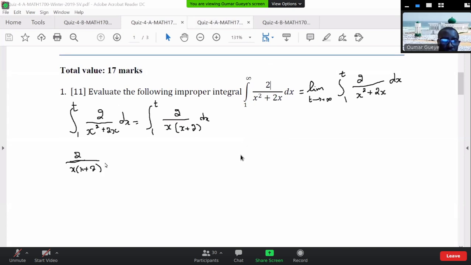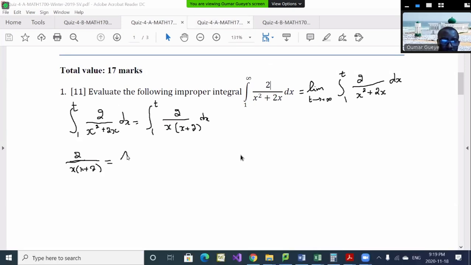And for two linear factors, the terms are going to be A over x plus B over x plus 2, because none of these factors is repeated. That's why we get two terms in the partial fraction expansion.